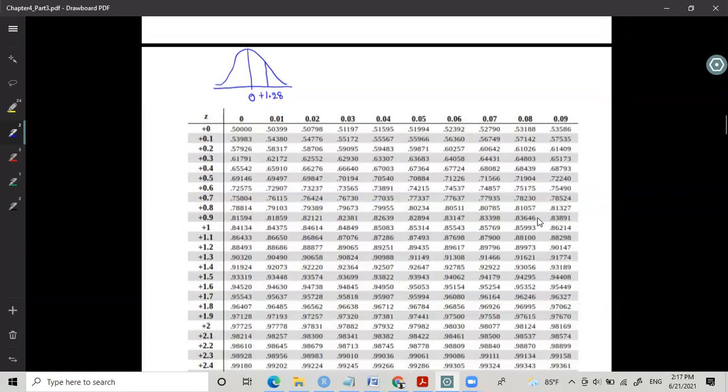I want the left tail or left to the 1.28. What is this probability? Can you find it? If you can find the values, please give me the answer. So how do you write this? Probability Z is less than 1.28.